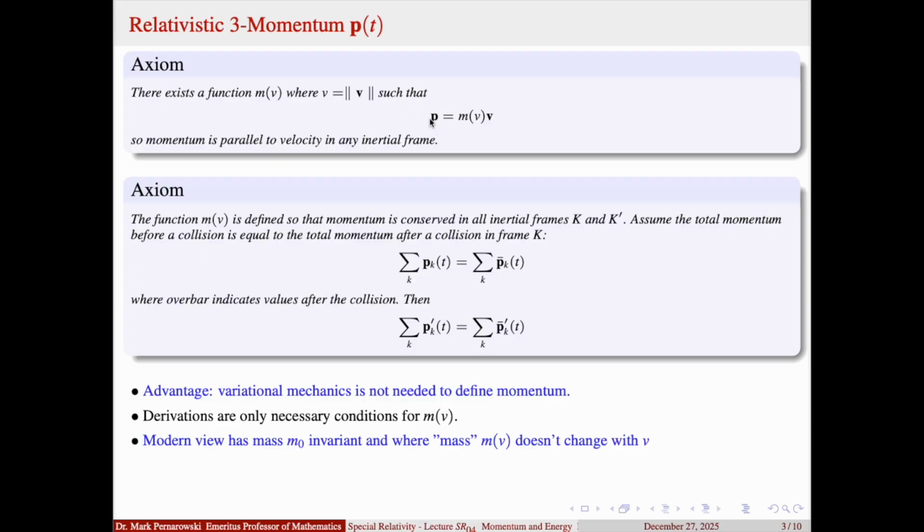First of all, this first axiom basically says that we expect whatever the momentum is, it should be parallel to the velocity vector. We don't know how much bigger it is, and we'll broadly interpret this to mean some mass times the velocity, the three velocity.